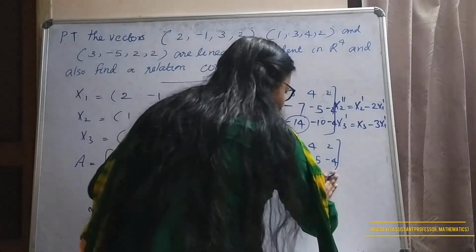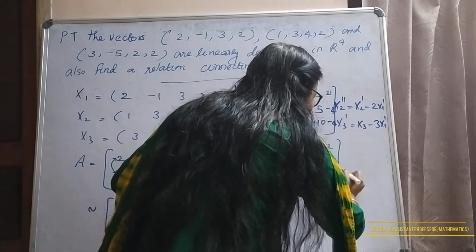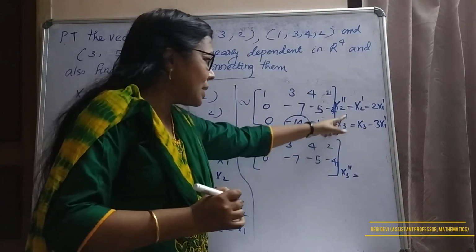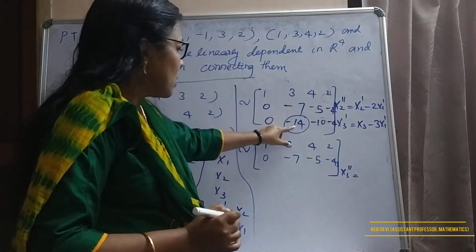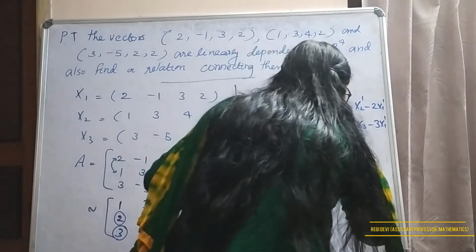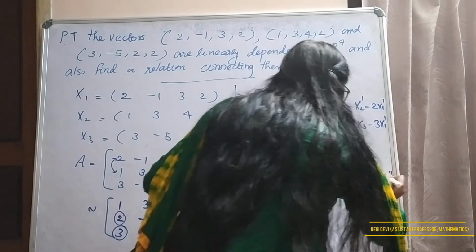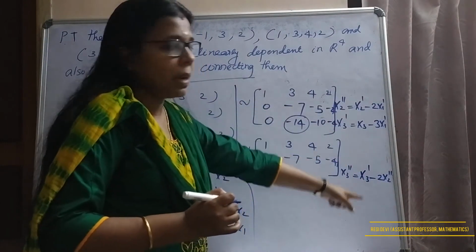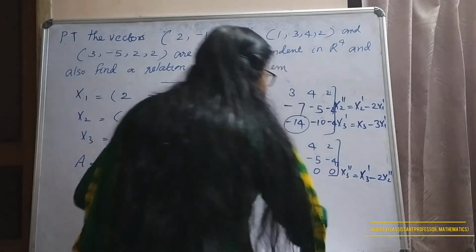Now the third row changes, that is x3 dash changes to x3 double dash equal to x3 dash minus 2 times x2 double dash. Therefore the third row becomes 0, 0, 0, 0.